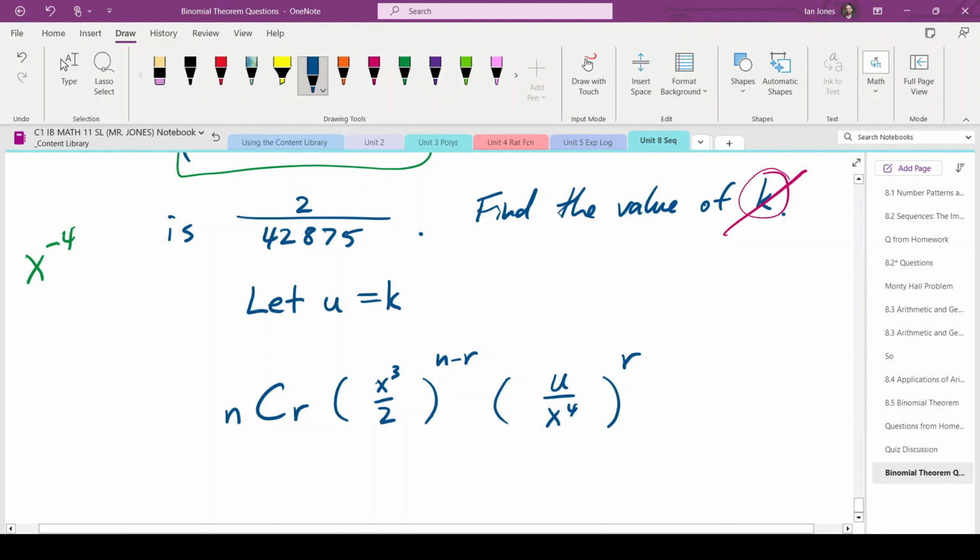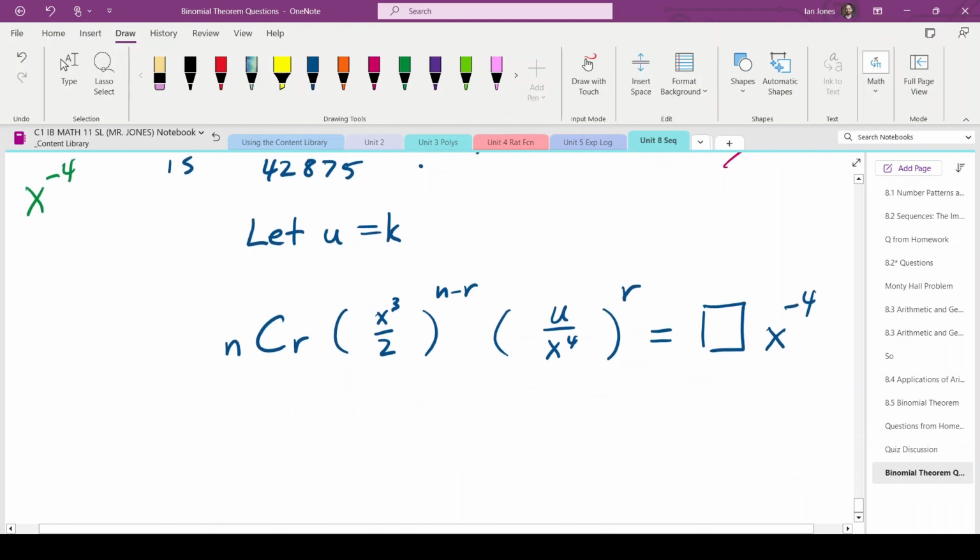And this thing has to equal some constant times x to the negative 4, right? That's what I'm looking for, because then at the end, when that's multiplied by x to the 4, it is a constant term. I don't particularly care at this stage what the constant term actually is. Of course, at the very end I do, but for now, I would just like to figure out what this value of r is. That would make me happy.